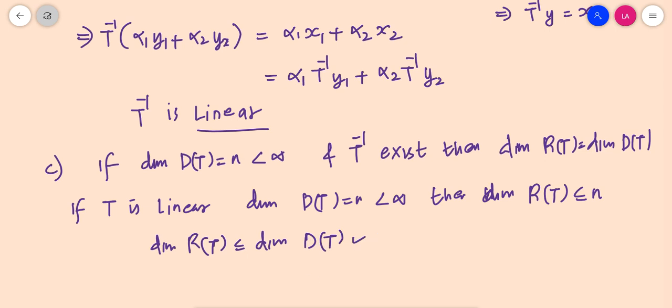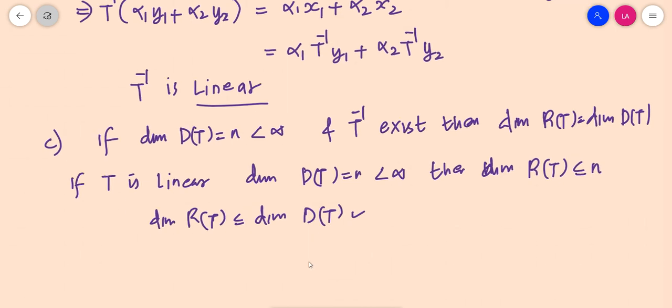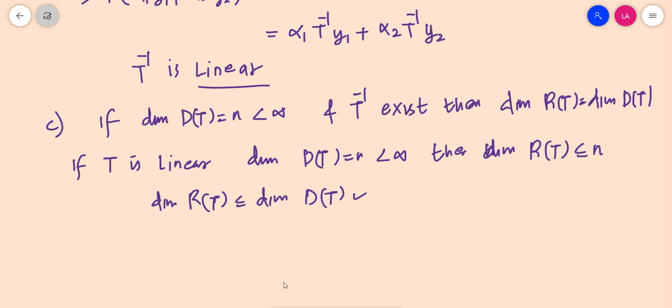Now, since T is linear, we can say that T inverse is also linear. So T is linear implies T inverse is linear.